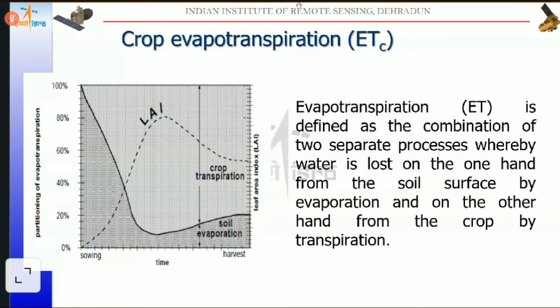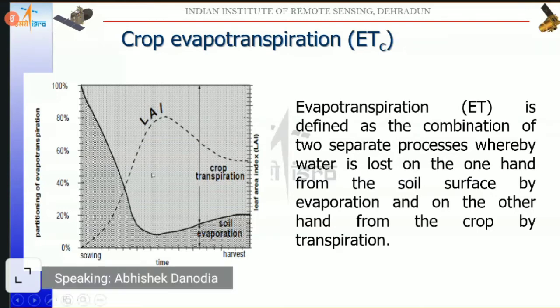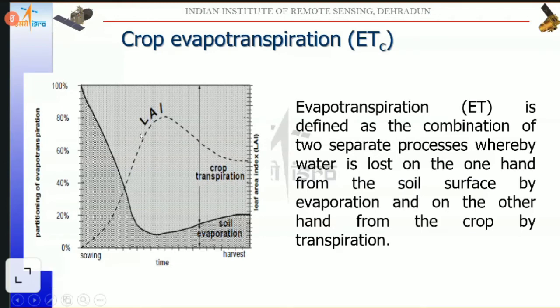As the crop growth takes place, LAI increases. The dotted line in the figure defines the LAI variation with crop growth. As the crop grows, transpiration also increases, reaching its maximum at the vegetative growth stage. After that, at the maturity and senescence stage, there is a slight decrease in transpiration and a slight increase in evaporation.